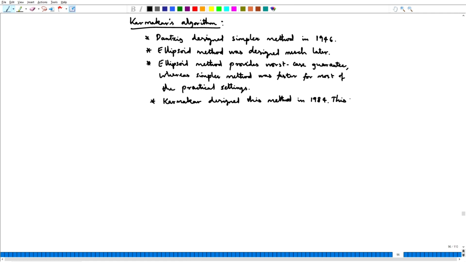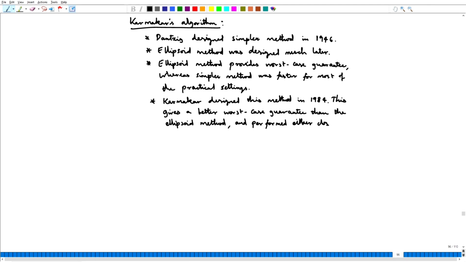This gives a worst case guarantee, I should say a better worst case guarantee than the ellipsoid method, and performed either close to the simplex method or sometimes better.